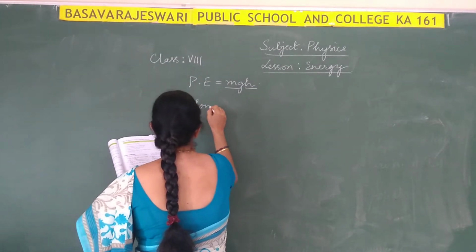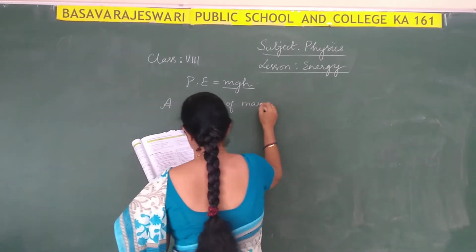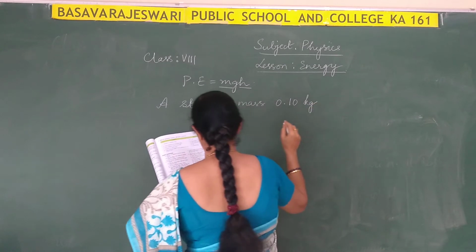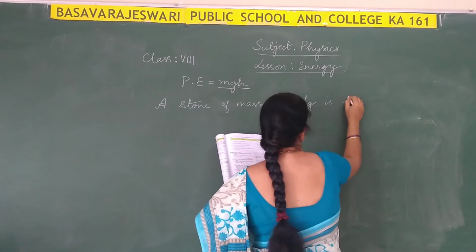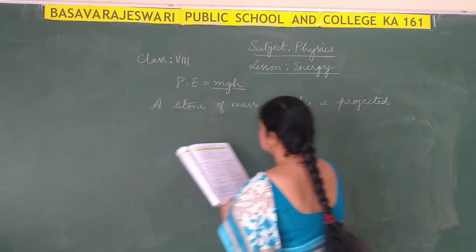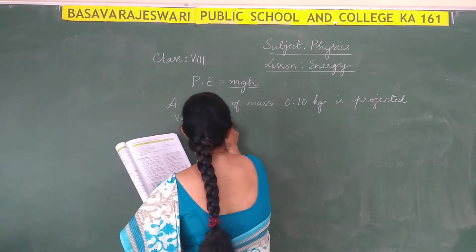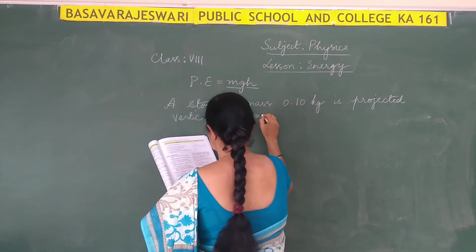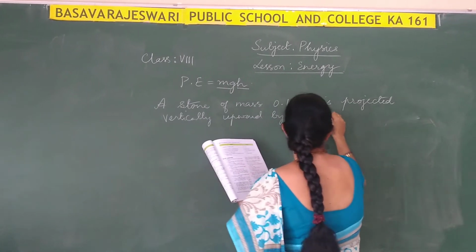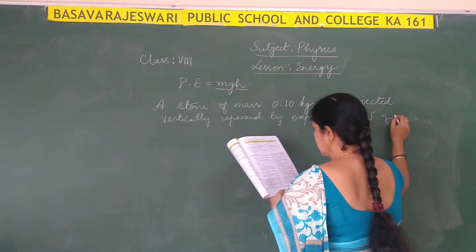A stone of mass 0.1 kg is projected vertically upward by expending 80 joules of energy.